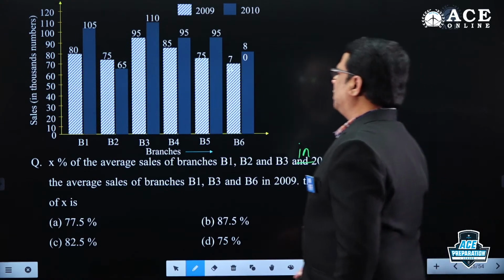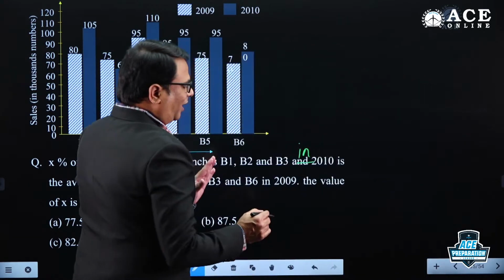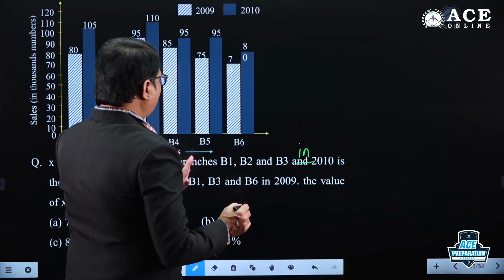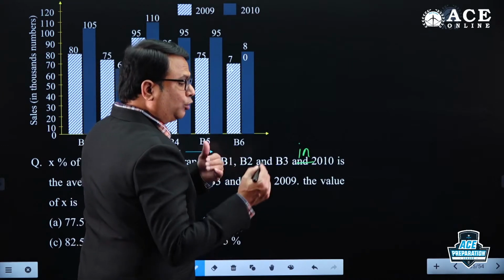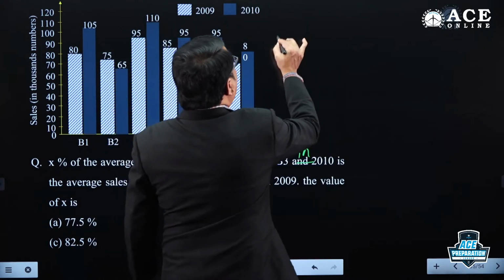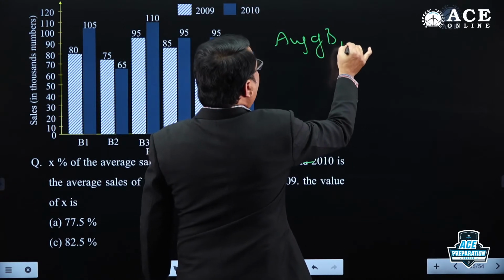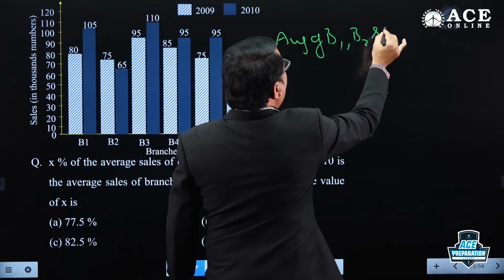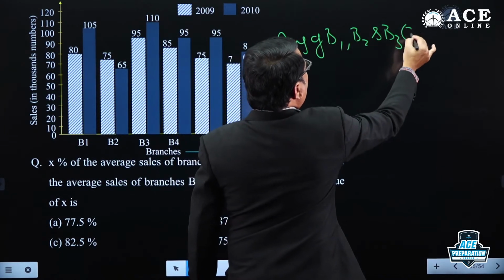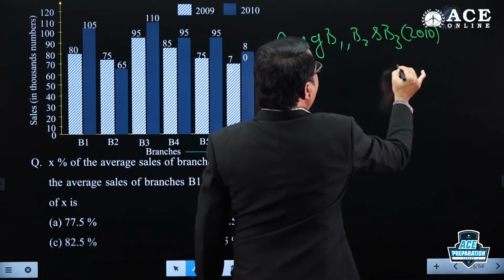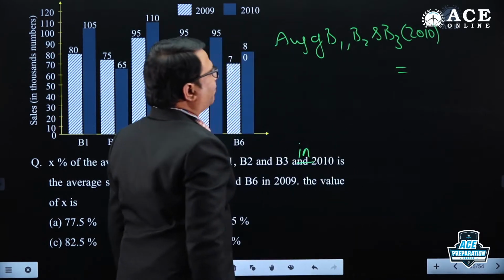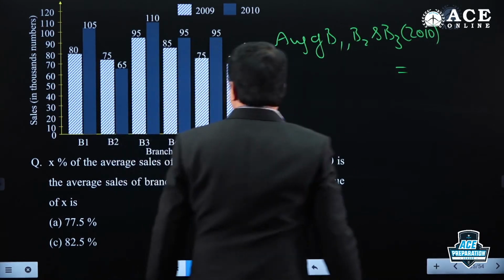Okay, right. Now, first we will find out what are the average sales of B1, B2 and B3 in 2010.